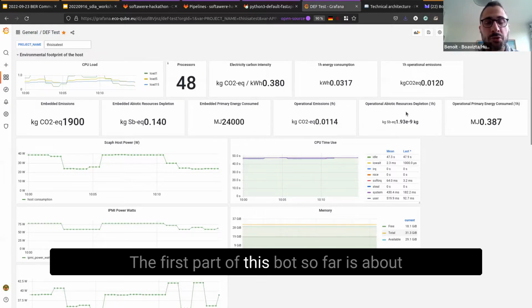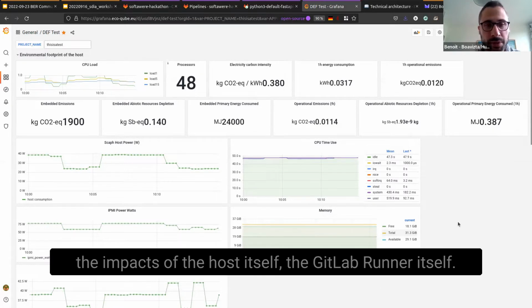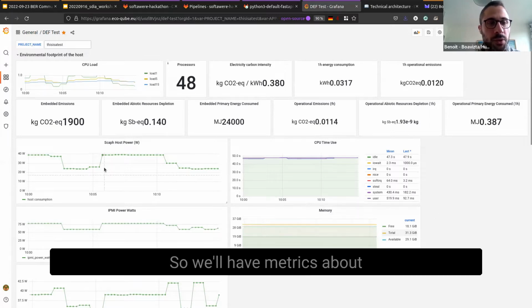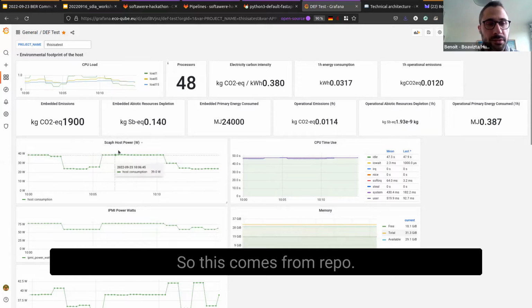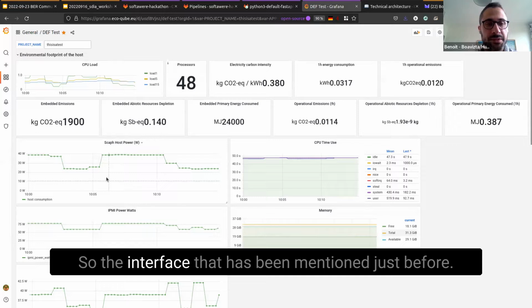The first part of the dashboard so far is about the impacts of the host itself, so the GitLab runner itself. So we'll have metrics about energy consumption measured by software. This comes from REPL, so the interface that has been mentioned just before.